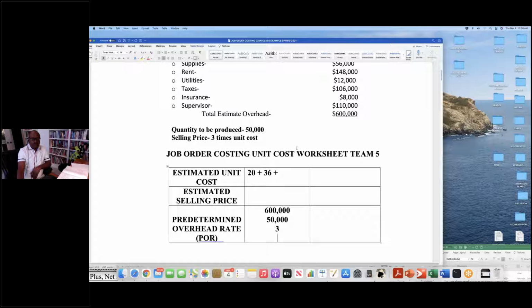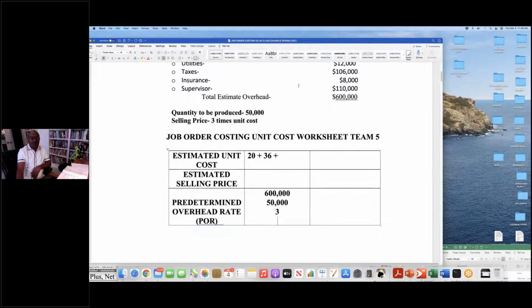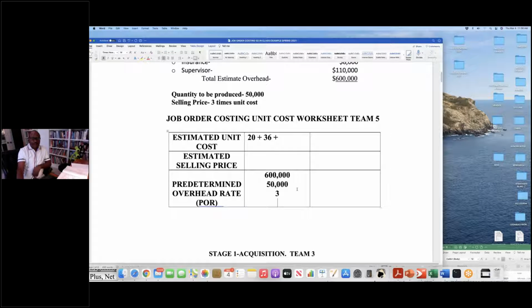So how many hours is it gonna take us to make these items? Just 50,000 times 3.